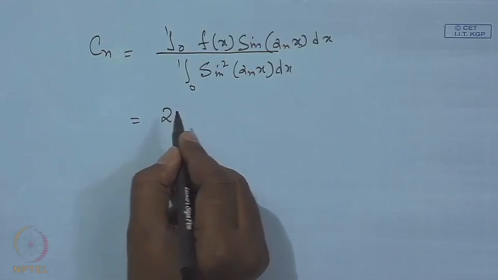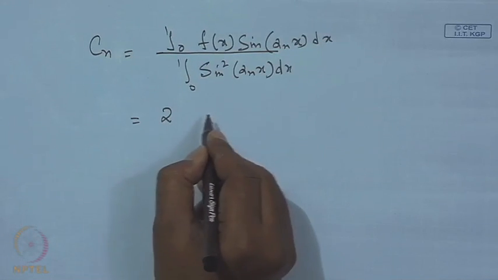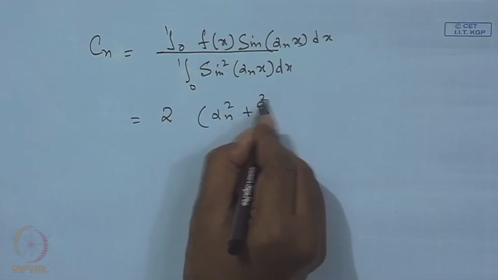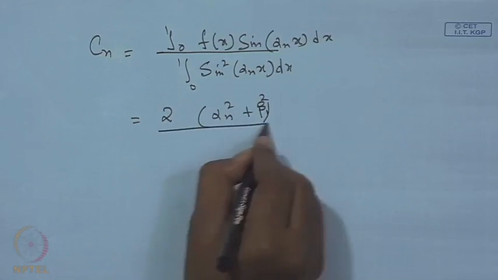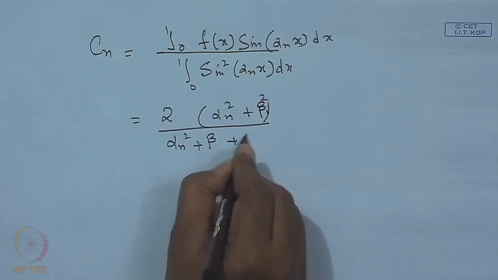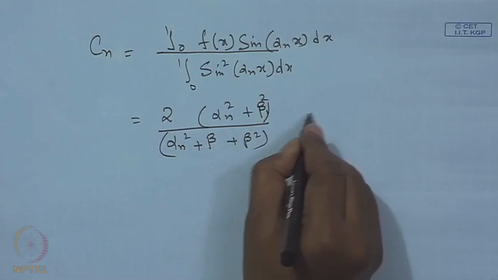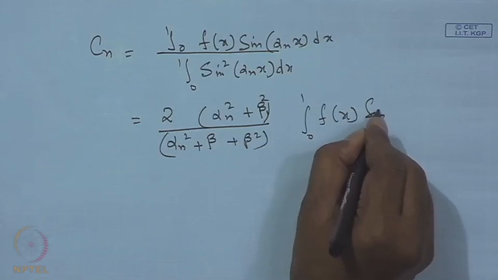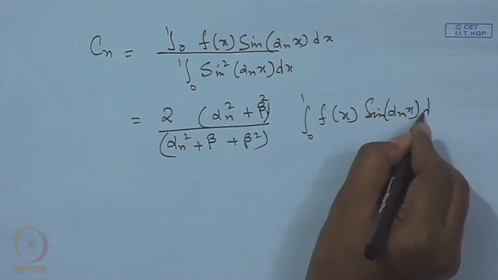So, 2 over half becomes 2, alpha n square plus beta square divided by alpha n square plus beta square, and this will be integral 0 to 1 f of x sin alpha n x dx.